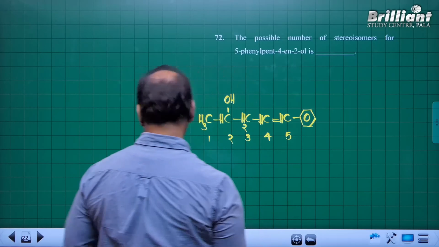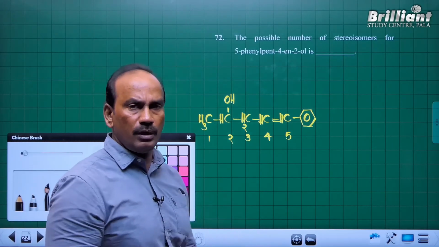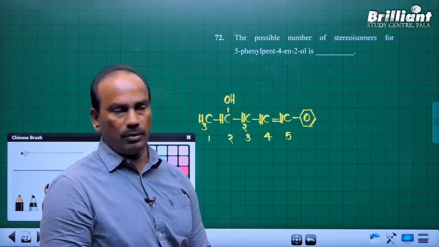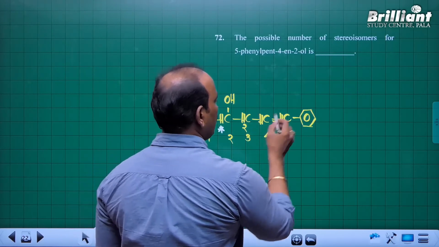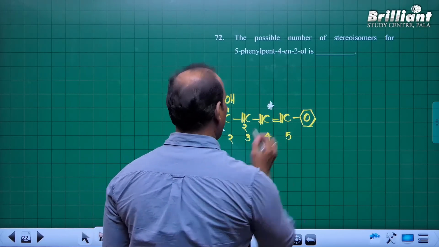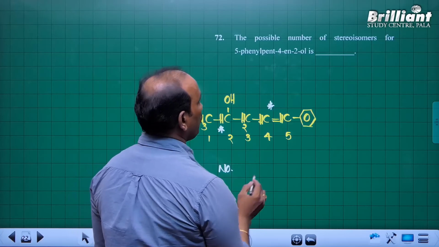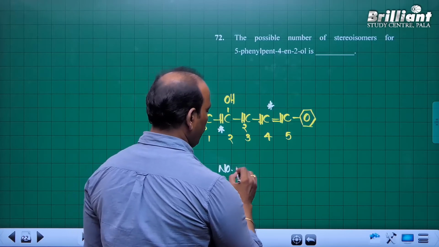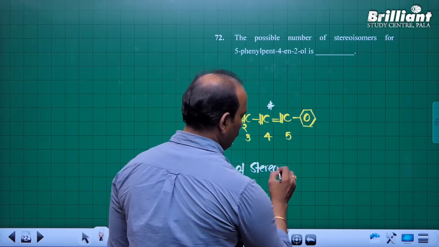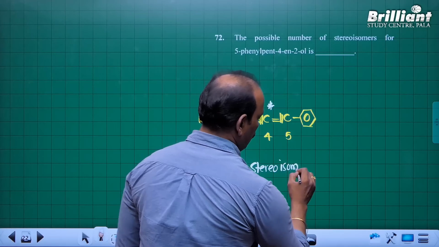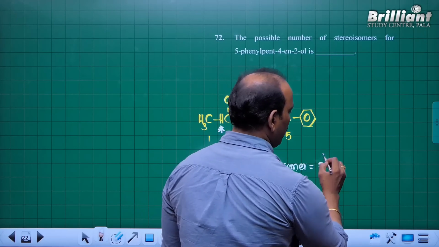In this one, the stereocenter is not only optical, geometrical is also possible. So here this is one chiral center, and this is one more stereo center. Therefore the total possible number of stereoisomers equals 2 power n.